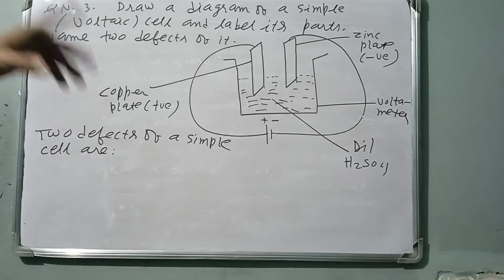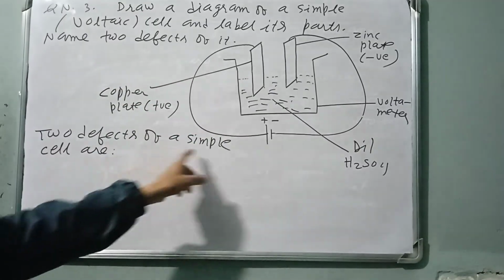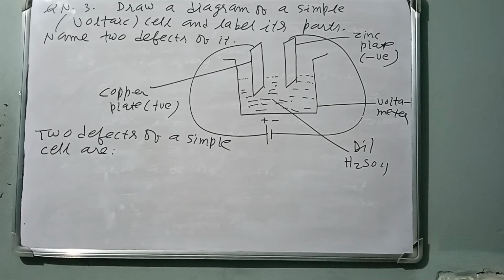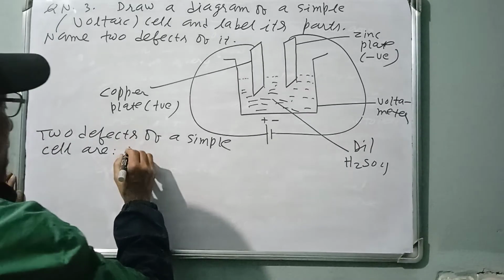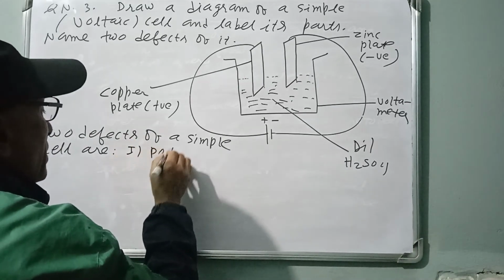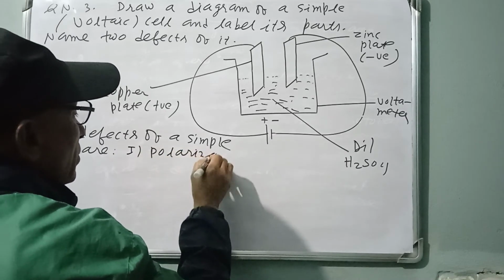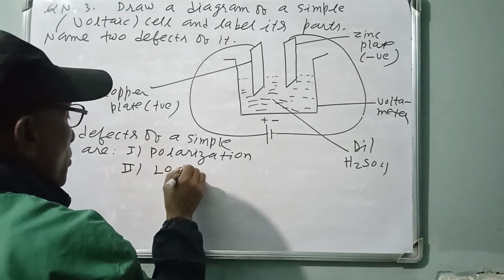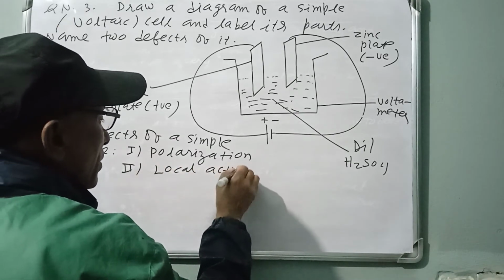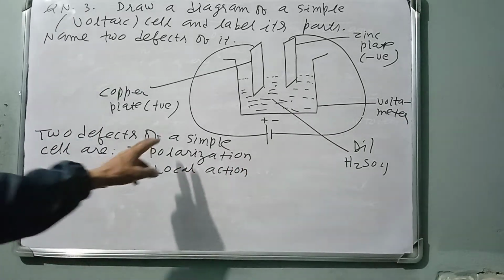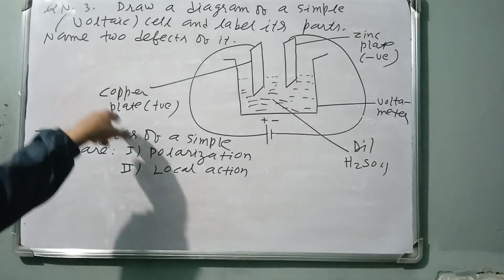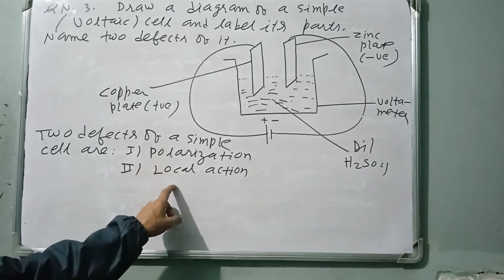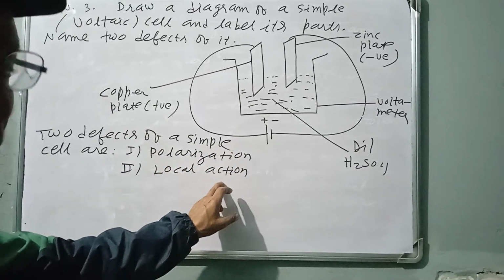If you are asked what do you mean by defects and name them, you can define them, otherwise not. Two defects of a simple cell are number one polarization and another local action. Polarization and local action.